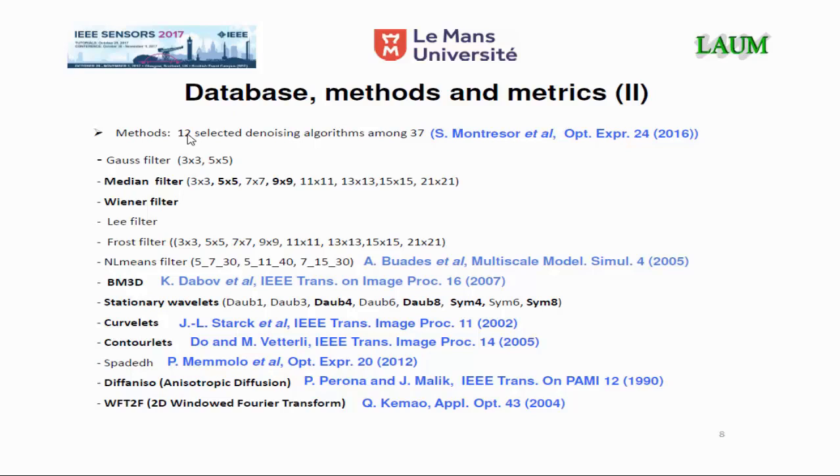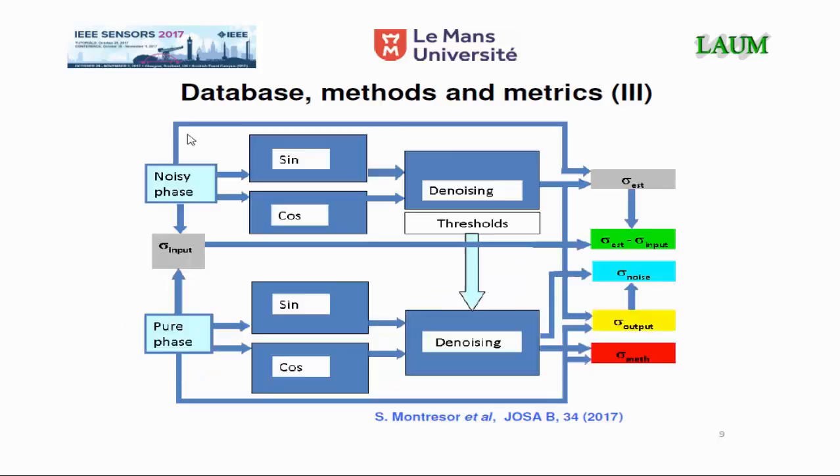We have also classic wavelets with stationary wavelets, curvelets, and contourlets. And finally, anisotropic diffusion and the 2D window weight Fourier transform. It is our charts in order to get the evaluation.